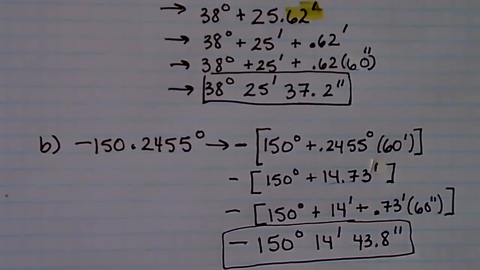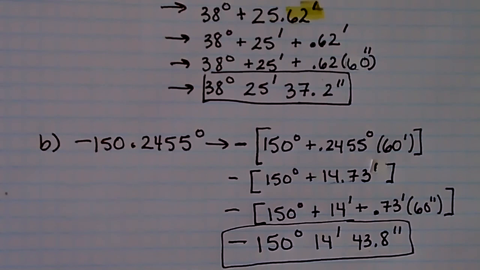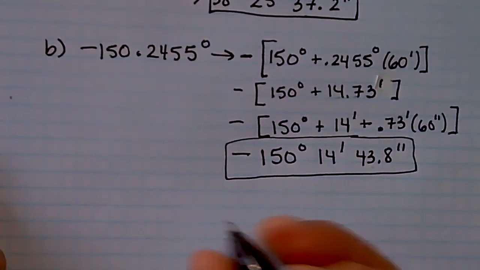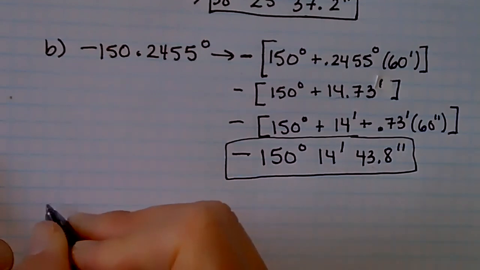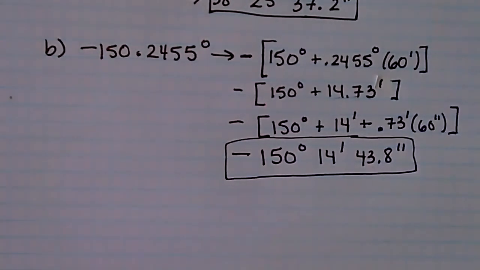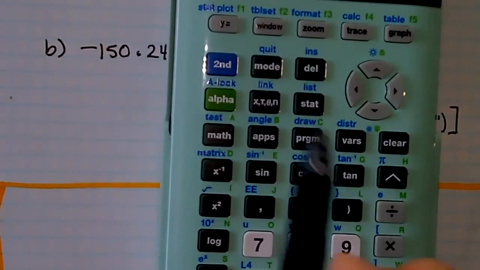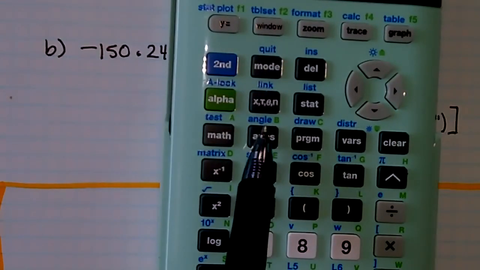Now, the last thing I want to show you is that the graphing calculator does have degrees, minutes, seconds on it. Okay, so let me just jot down here. If you look on these calculators, there is on apps angle.